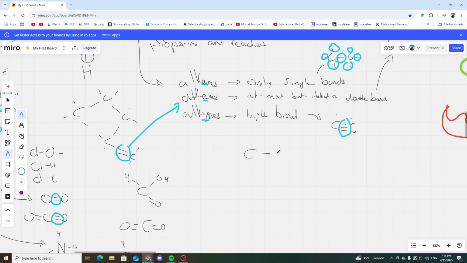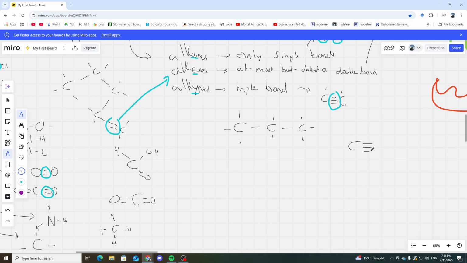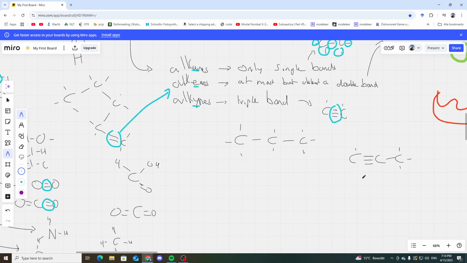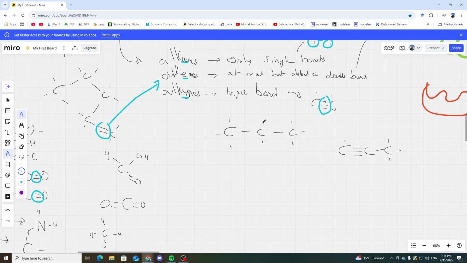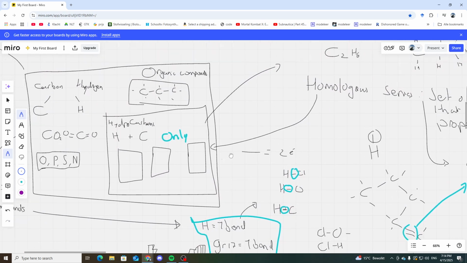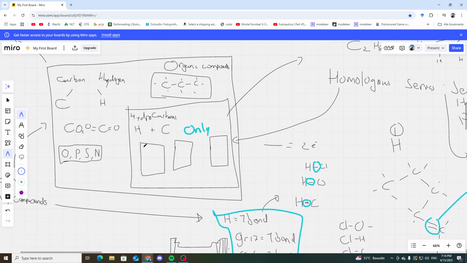If I draw another one over here, is this an alkane, alkene, or alkyne? It is an alkane because it only has single bonds. And if I draw something like this, it is going to be an alkyne because it has a triple bond. Easy enough. So that is our 3 homologous series that you need to know for the hydrocarbon.